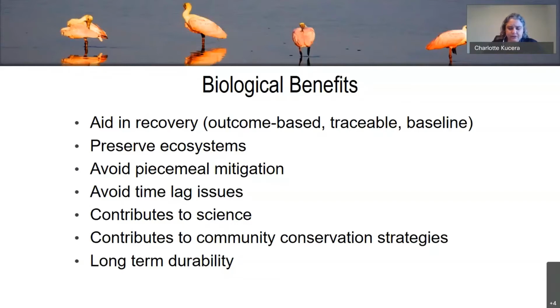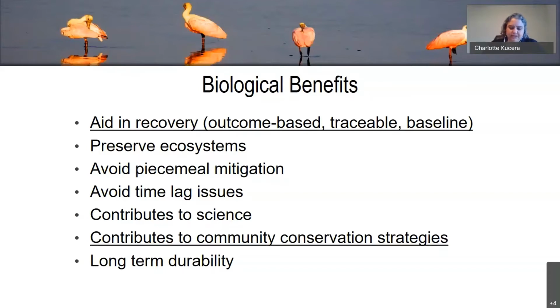Conservation banks are also critical in that they avoid time lags between when the impact occurs through the permitting process and when the mitigation site is fully functioning, and they're considered a form of advanced mitigation. That means that the site is already functioning at the time the credits are released. The durability of the site or the sites is ensured through real estate protection, and we'll talk a little bit about that today. And you can see just from the language that is used here that it's going to require multiple entities needed to support a conservation bank.